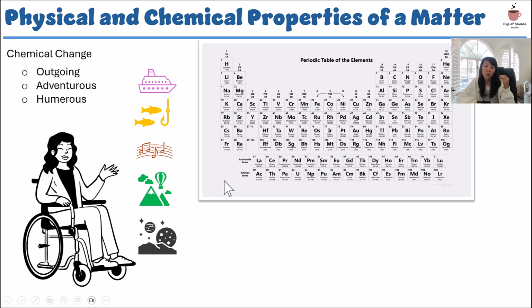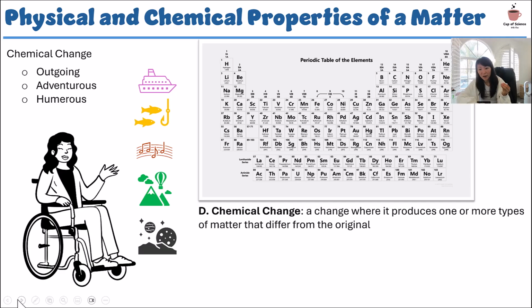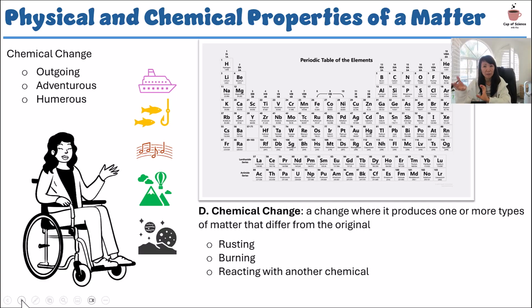Now, for chemical change for matter, it's where they actually do the actual change, right? Where the ability they have is actually taking place, and now they have formed into a different matter.